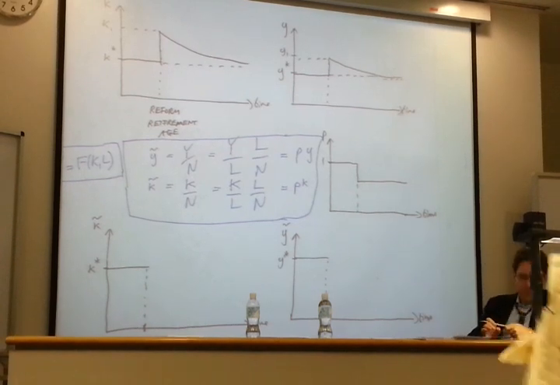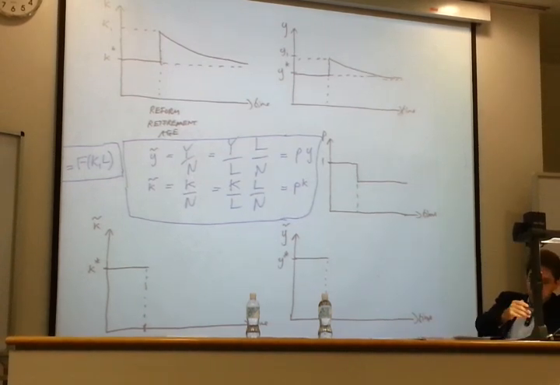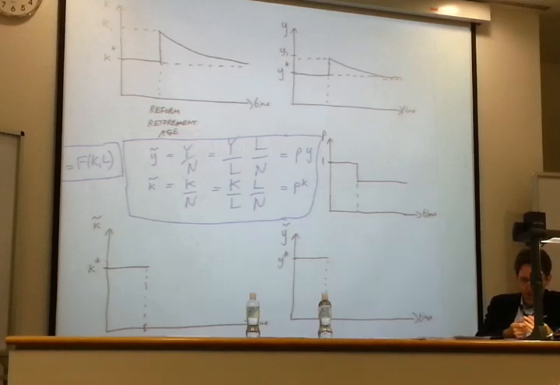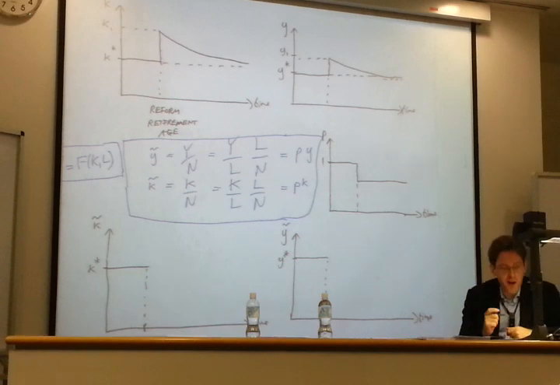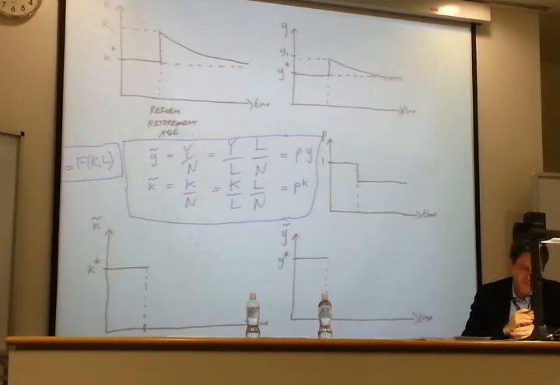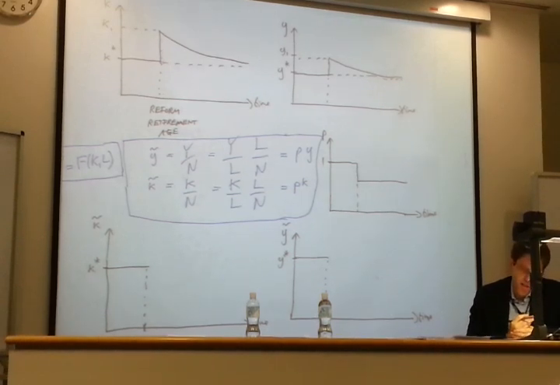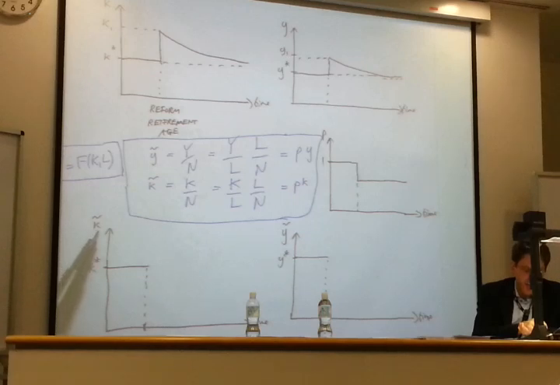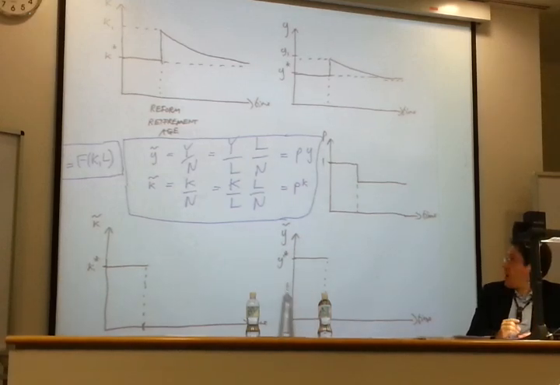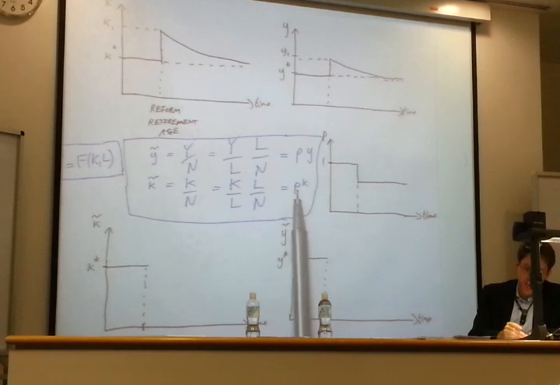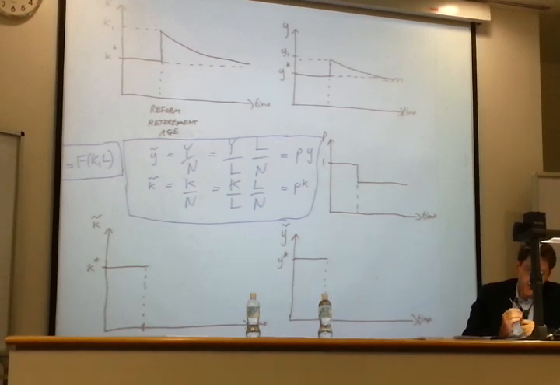Now, the question is what happens the day after, and what happens in the long run? What's the transition? Remember my advice, start at the end and work backwards. So if you were to start at the end for K tilde, which is participation rate times capital per worker, what would you conclude?